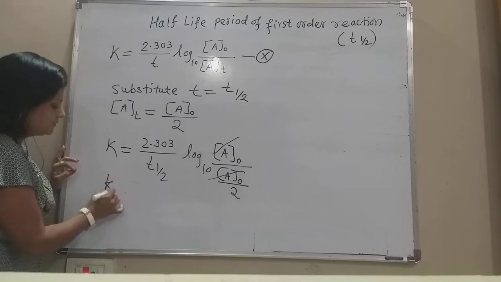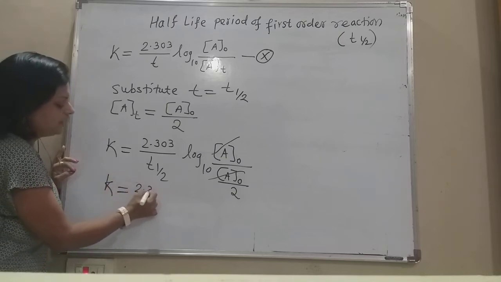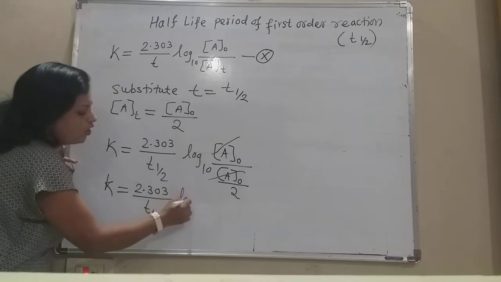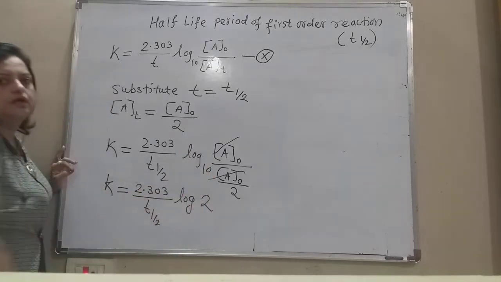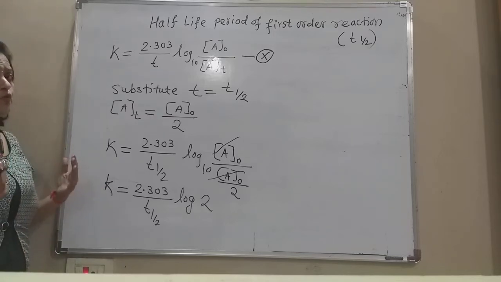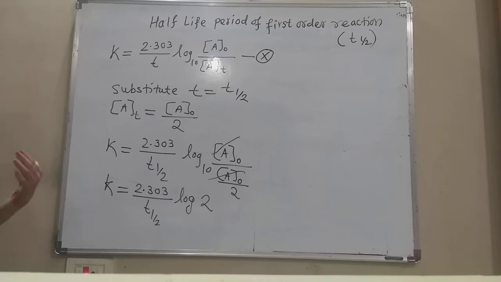and the equation becomes k is equal to 2.303 upon t half log of 2. Now the log of 2 is 0.3010.